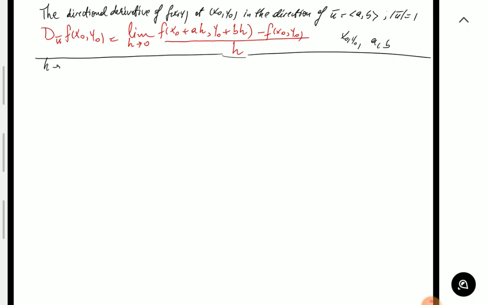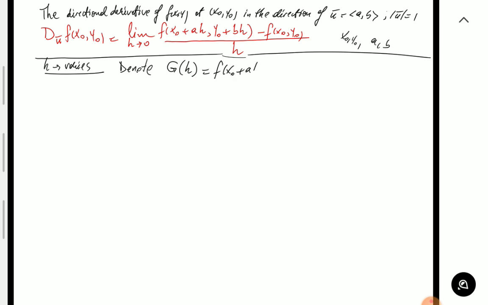You can think of h as a variable before you evaluate the limit as h goes to 0. So let's denote this quantity, f of x naught plus ah, y naught plus bh, by some function g of h, like a function of a single variable.